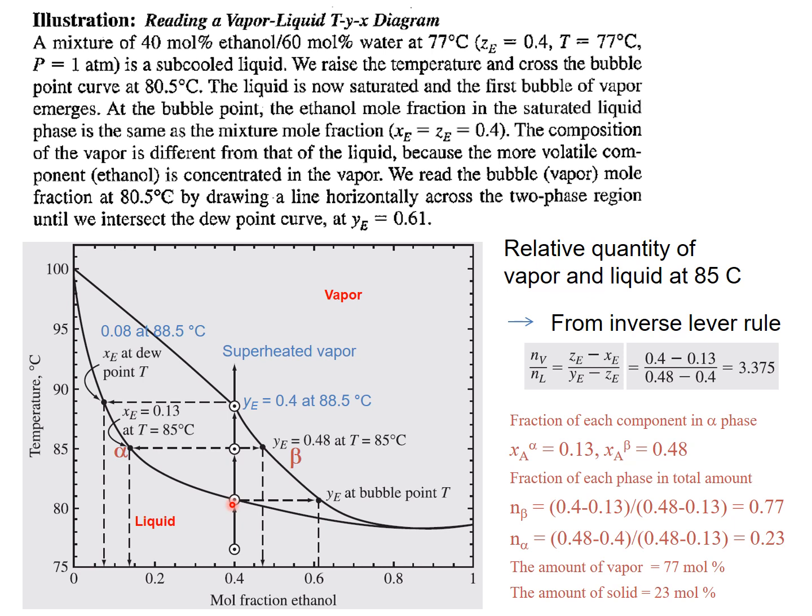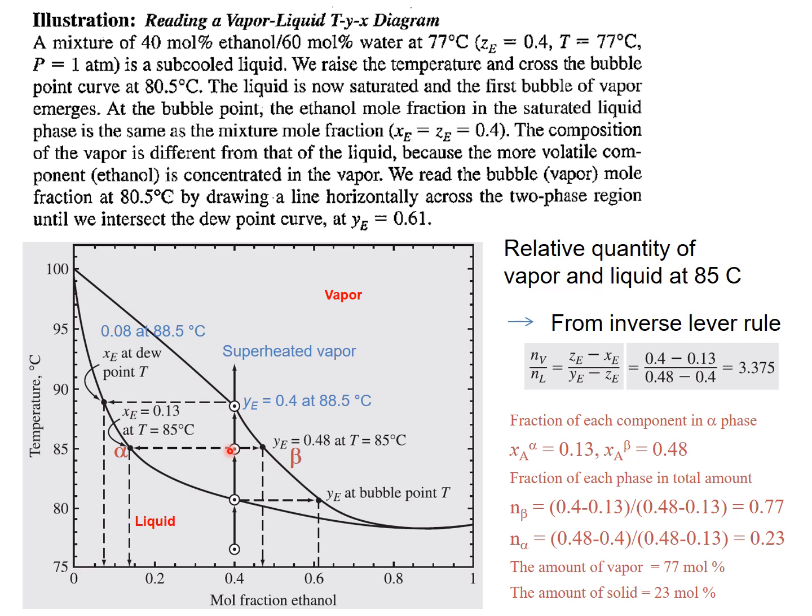Then let me increase the temperature more, and finally we are at 85 Celsius degrees. So right now the points are within the two-phase region. After splitting this single point into 2 points, you could read the mole fraction for each phase, and by applying the inverse lever rule, you could calculate the relative amount of each phase.